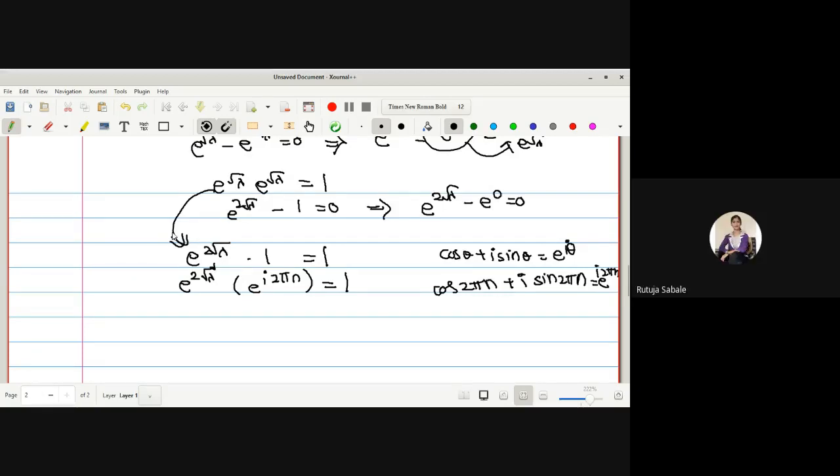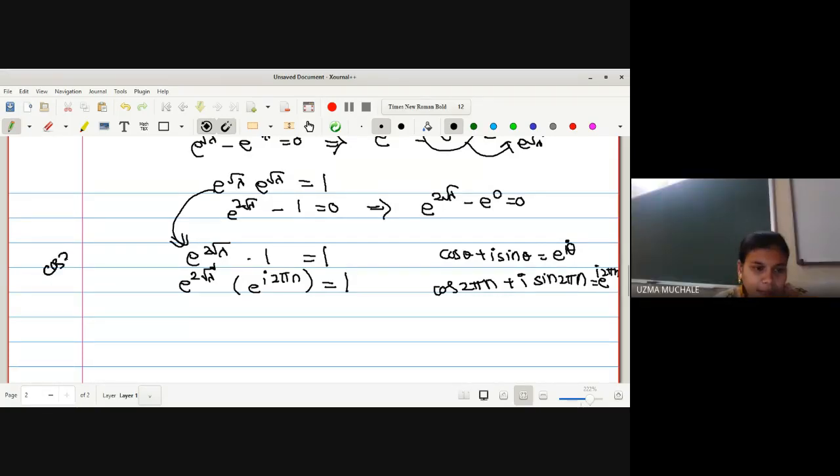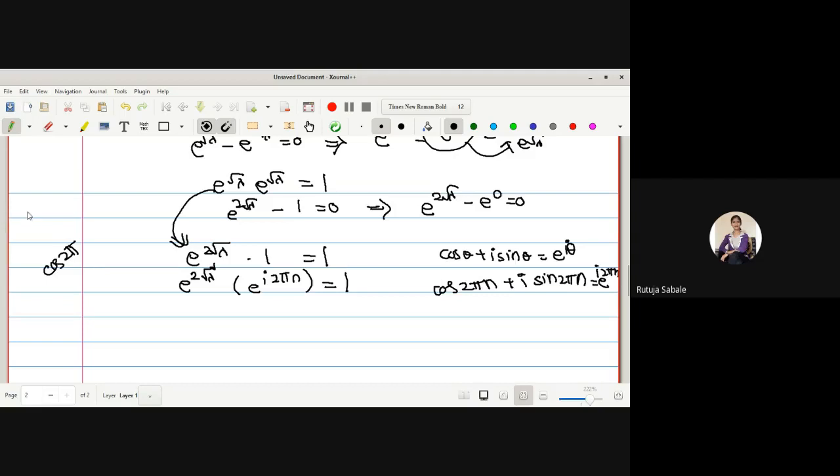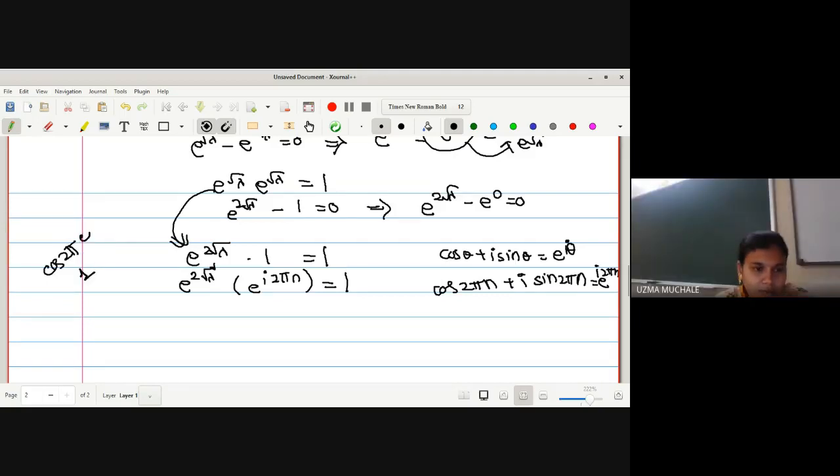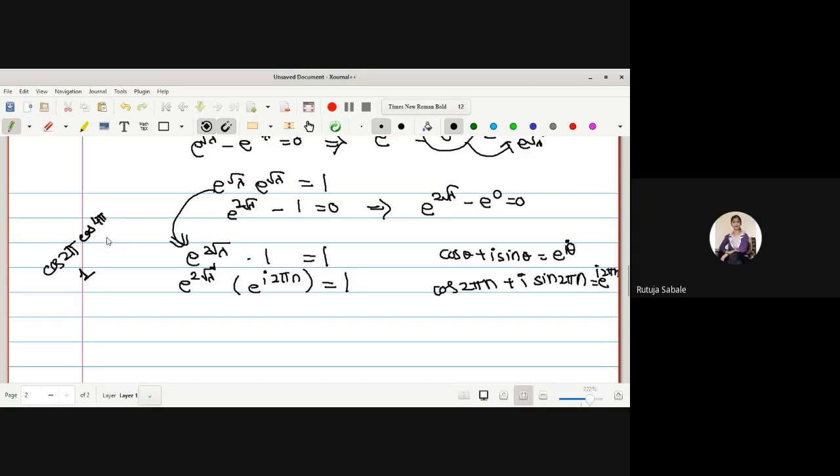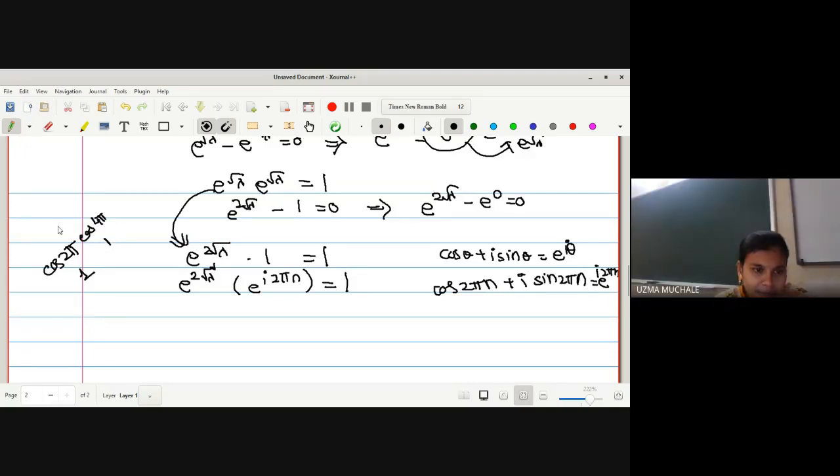Plus 1. What about cos of 2 pi? Plus 1. What about cos 4 pi? Plus 1. Cos 6 pi? Plus 1.